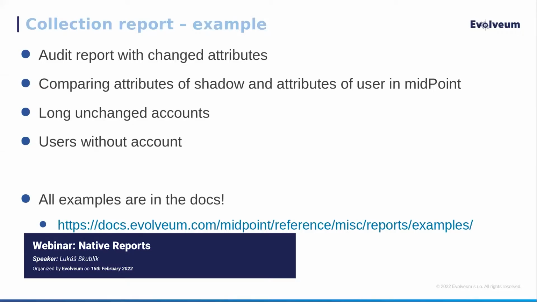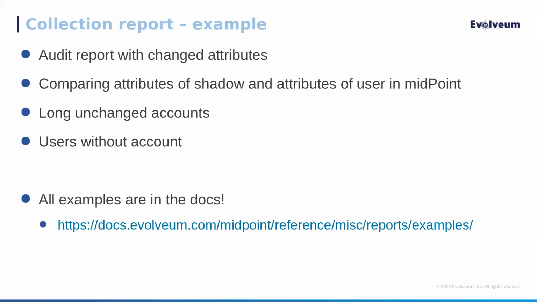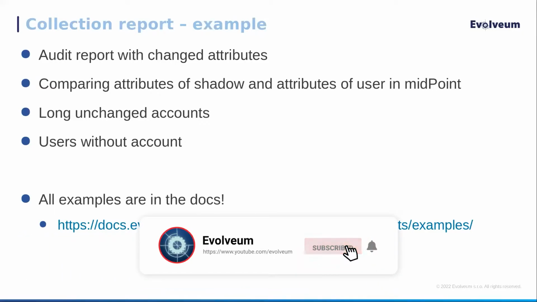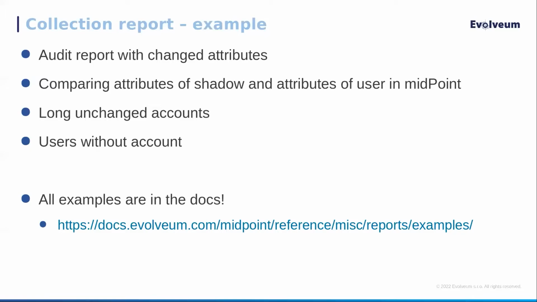So we have to compare attributes of accounts of user and attributes of user in MidPoint. We create example which compare email prefix of user in MidPoint, with first name and last name attributes of accounts changed by point. In next, we need create report of users which have not changed in some time.